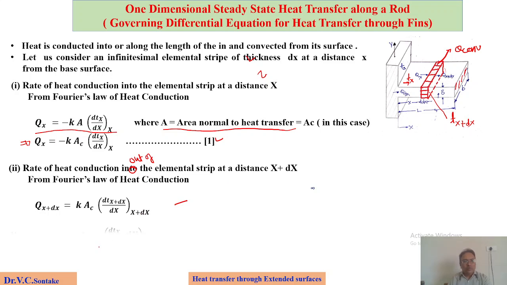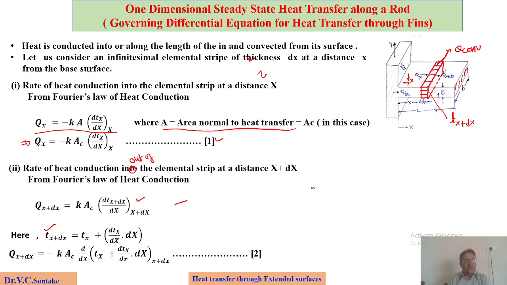Now, the temperature at the right face of the elemental stripe, T(x+dx), can be written as T(x) plus dT(x) by dx into dx. Now let us put the expression for T(x+dx) into this equation.